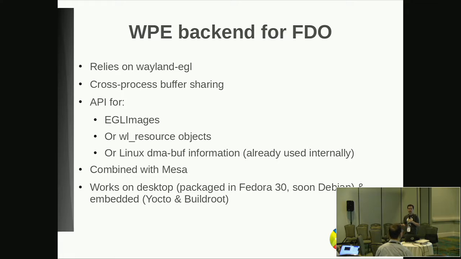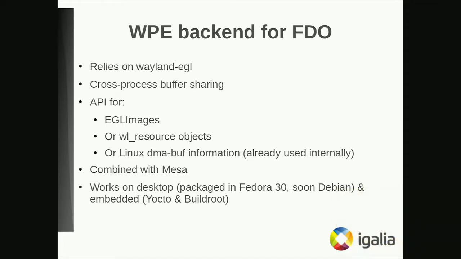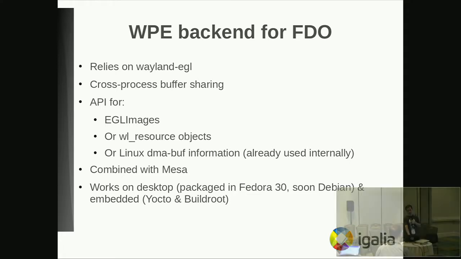So you get access to the EGL images representing the web view contents from your application. That's quite useful. And of course, it works on Yocto and Buildroot, so it can be enabled in your platform quite easily. We have meta layers for that. I will talk about it later.